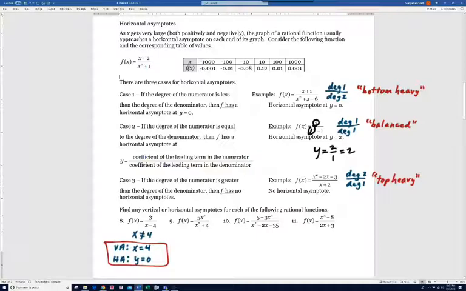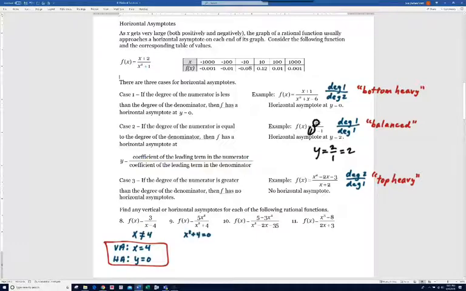All right, you may want to try the other three, or at some point you might try them and then watch my video solution. Let's go ahead and look at number 9. To find the vertical asymptotes, let's set our denominator equal to 0.